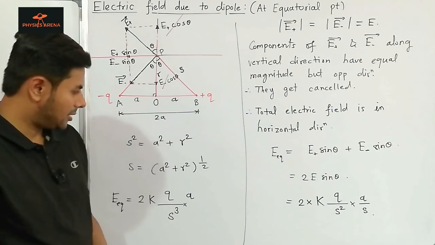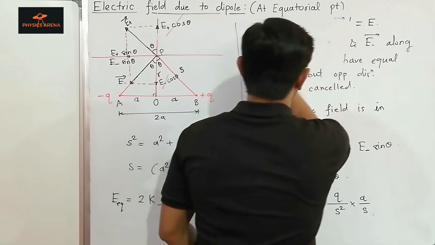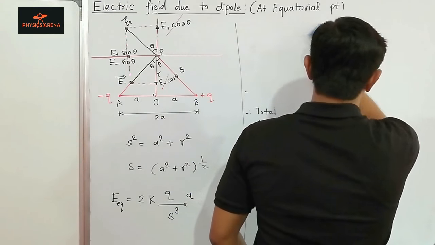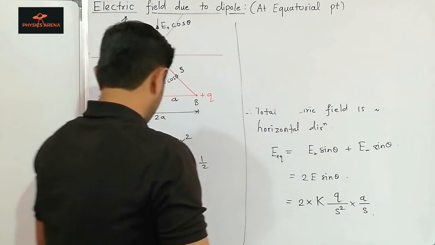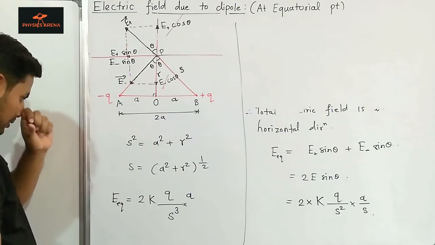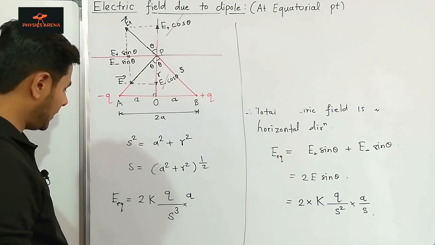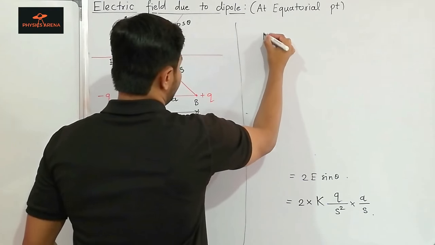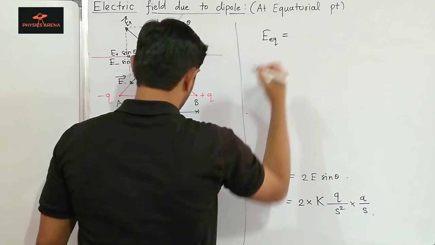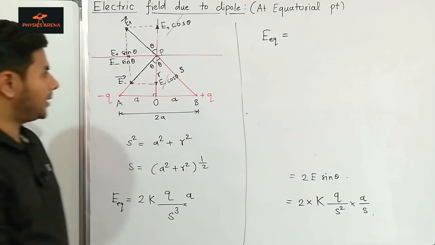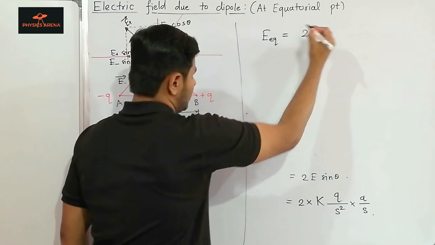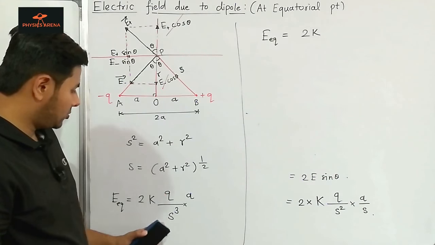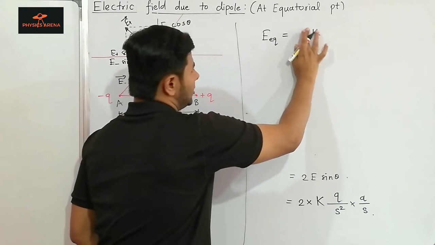Now let us just erase this part. Now let's substitute the value of S. So we have E equatorial equals to 2K into Q. Let me take the 2 on this side.